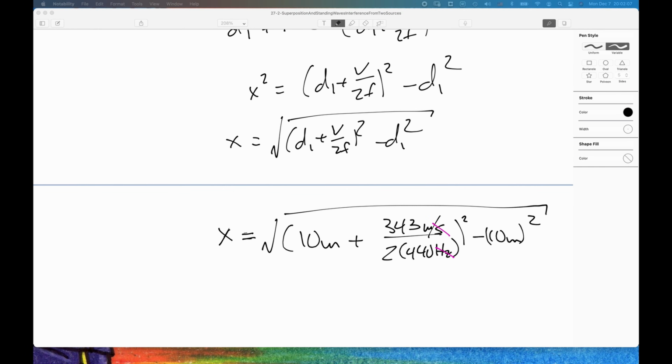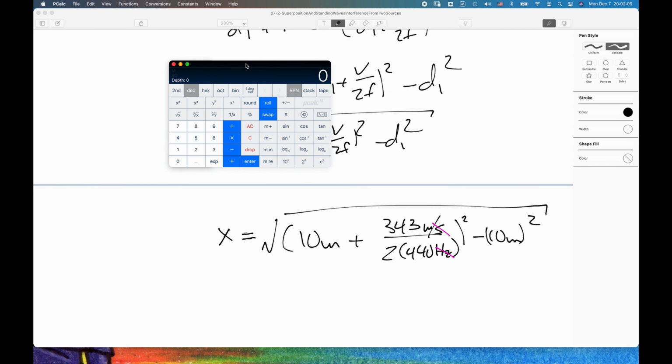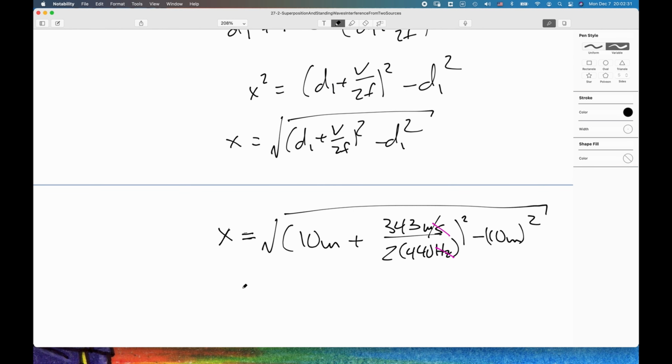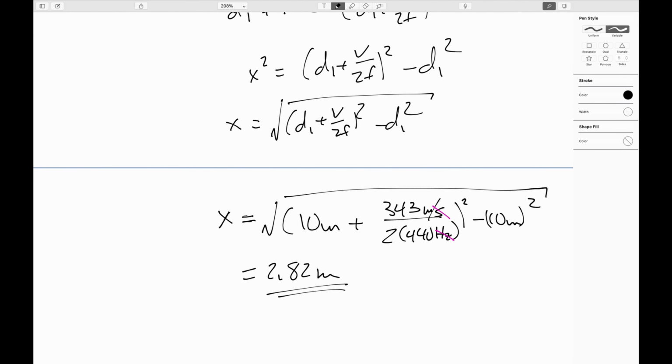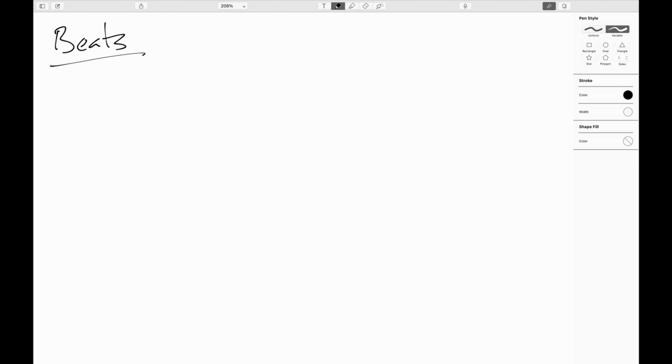We have 10, 343, divided by 2, divided by 440, plus, squared, minus 10 squared, square root: 2.82 meters. I mean, that seems like a plausible distance that our speakers could possibly be separated by.